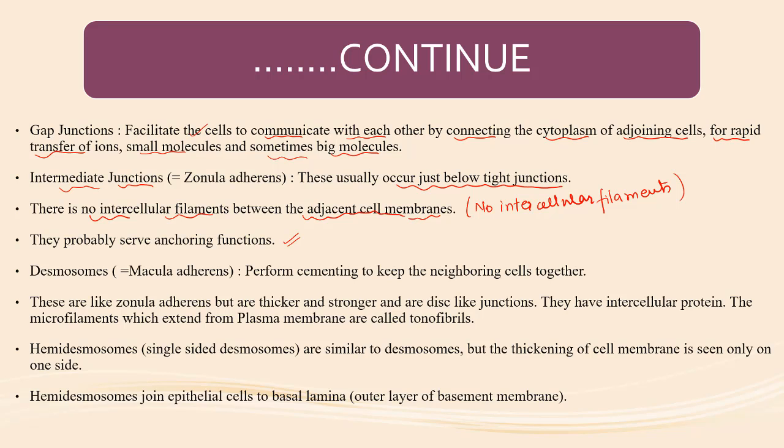Now coming to the next, the gap junction is very clear. What is a gap junction? Sharing of the cytoplasm, making a common point. Then intermediate junctions, zonula adherens. Now we are going to move on to desmosomes or macula adherens. Macula adherens or desmosomes perform a cementing function to keep the neighboring cells together.